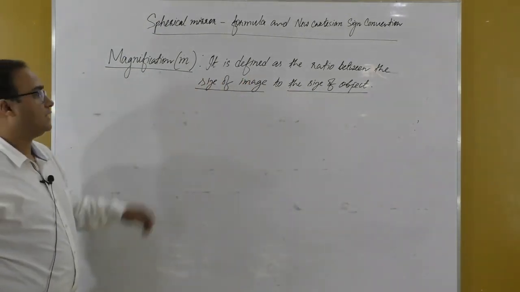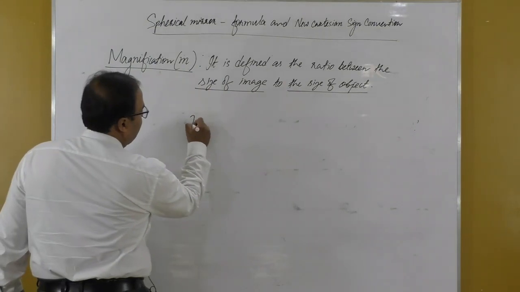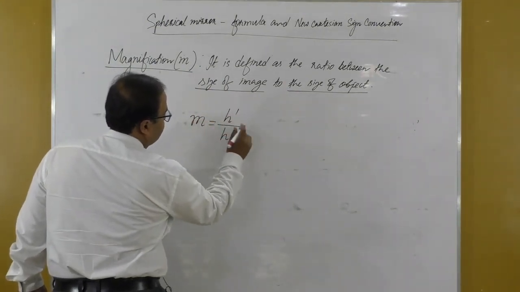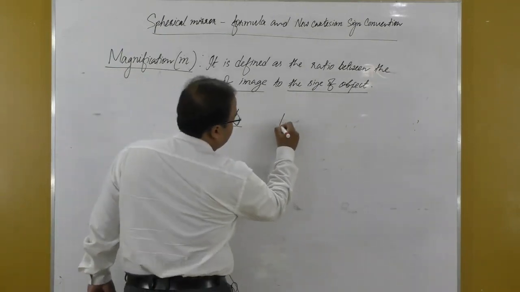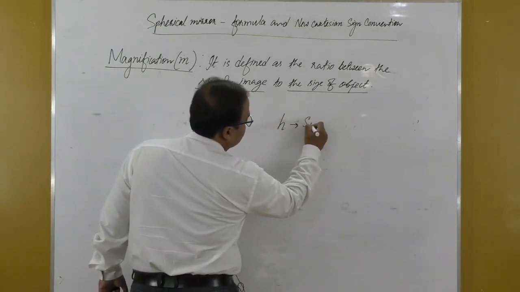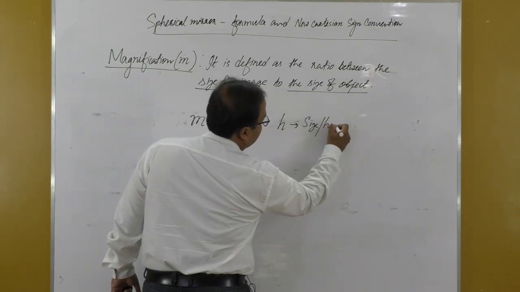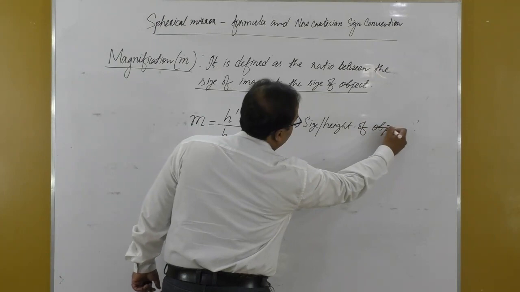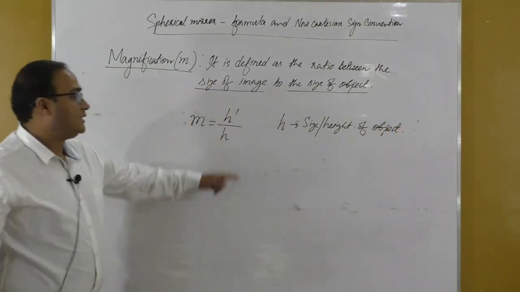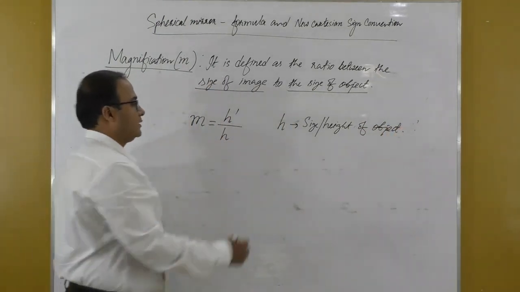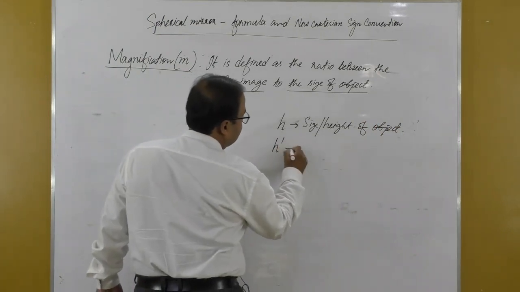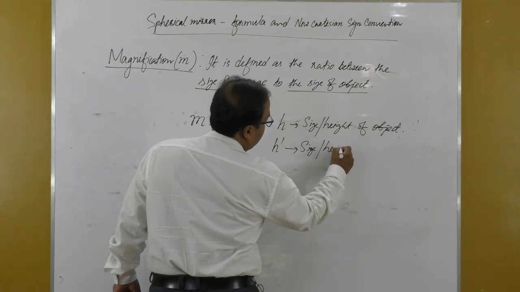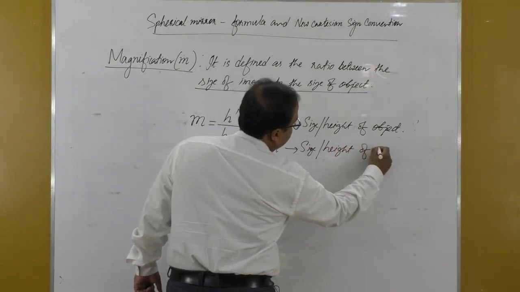It can be written as m equals h dash by h, where h represents the size or height of the object, and h dash represents the size or height of the image.